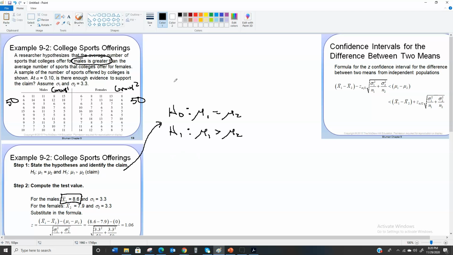So we have x bar 1 equals 8.6. X bar 2, which is the females, is 7.9. We have that sigma 1 is 3.3, and sigma 2 is also 3.3, and then both n's are 50. So n1 is 50 and n2 is 50.